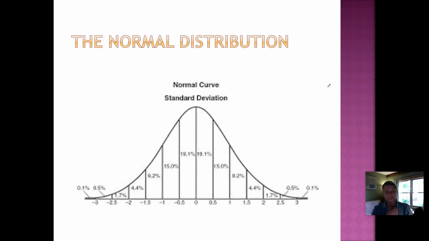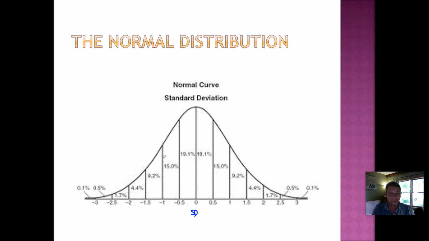Now, this is the normal curve showing the standard deviations. This one actually divides them by half of a standard deviation. So this is the standard deviation given on the bottom. Half a standard deviation, this is 1.